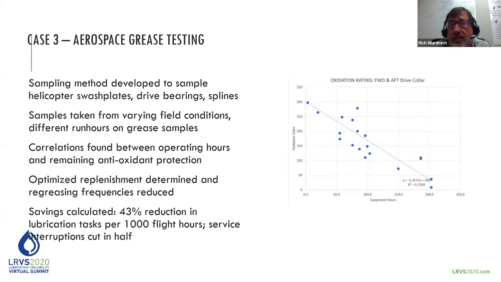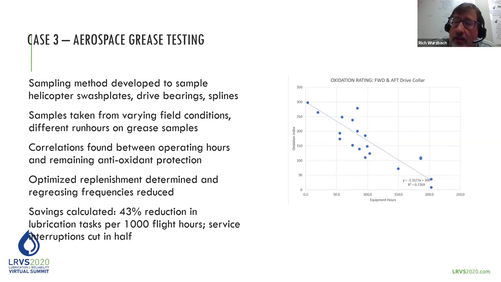And you can see this example in one of the locations, a drive collar location. As you plot out the oxidation index as a function of equipment hours, it becomes clear that we're losing a significant amount of antioxidants. Really the residual point here would be an index number of 50, that would correspond to typically what we shoot for, or I should say 75. And at that point where this line crosses that graph, we're only talking about 175 hours.